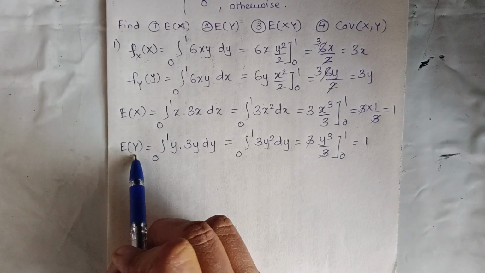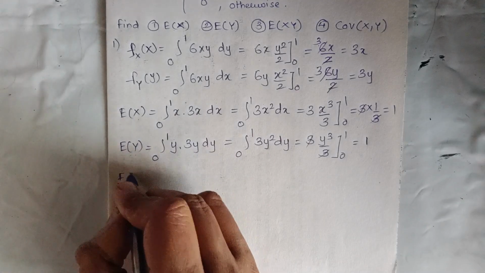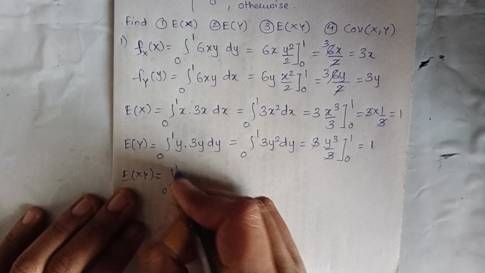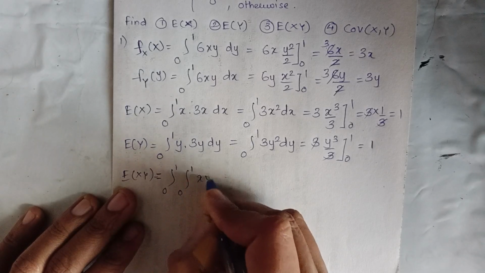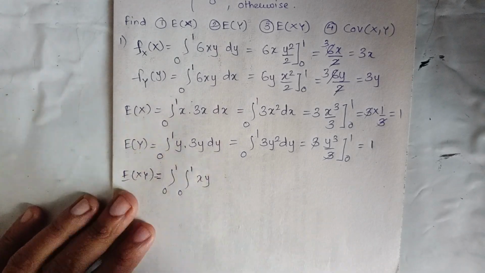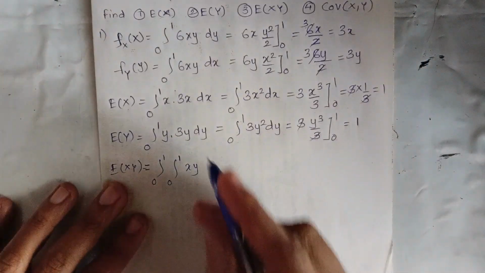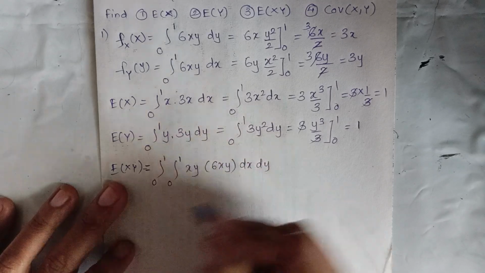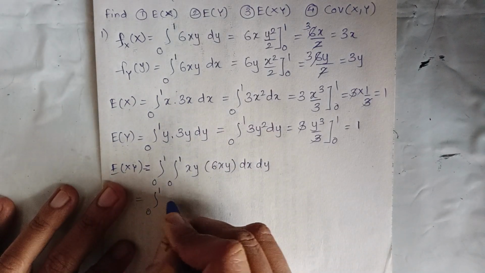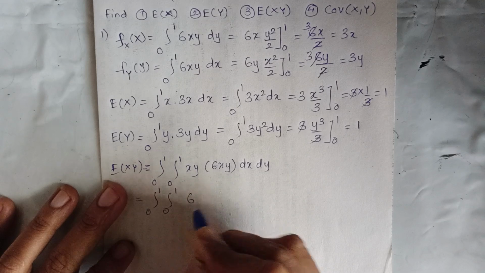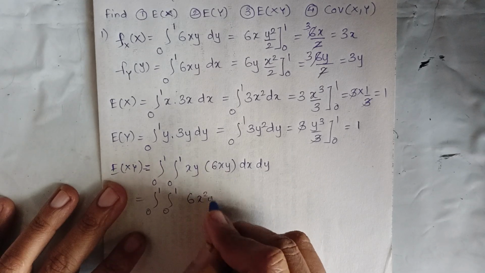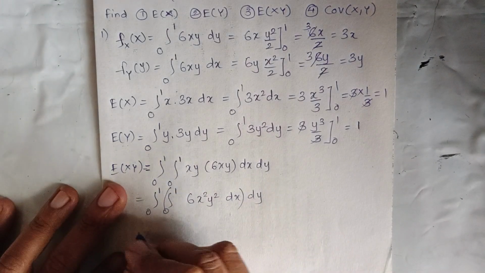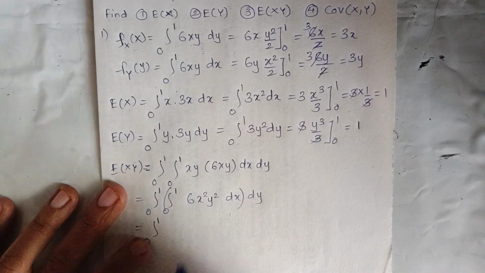Now E of xy. 0 to 1, 0 to 1, xy, and now you have to take the original function, that is 6xy, dx dy. So multiplying with x square y square. So first you integrate with respect to x. Okay.